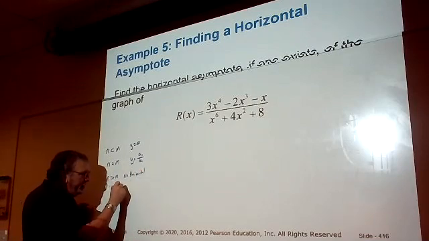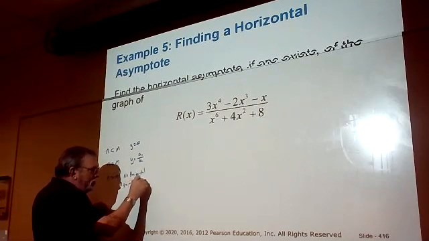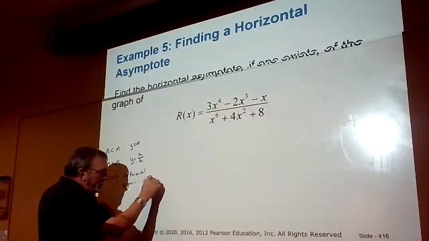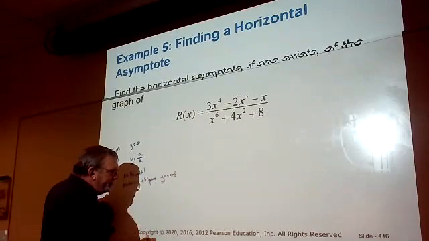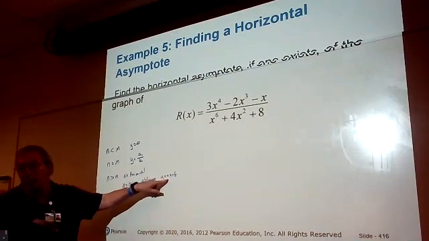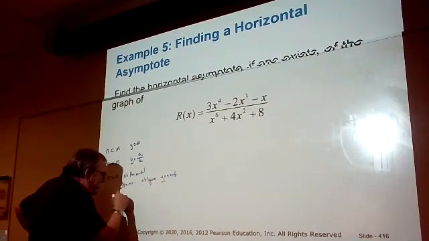But then you have to look at, does n equal m plus 1? Then you have an oblique asymptote, and it will be of the form y equals ax plus b, where a is the slope. We could put m here, but they chose to use a.